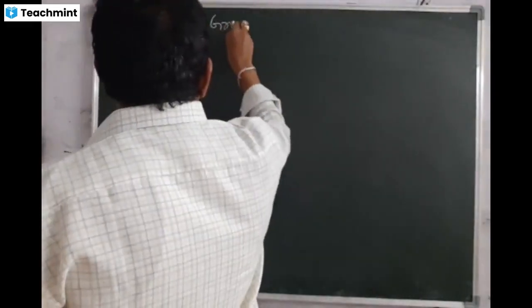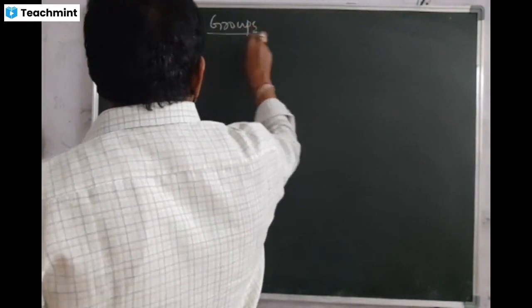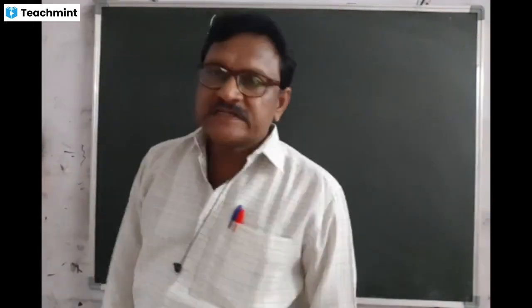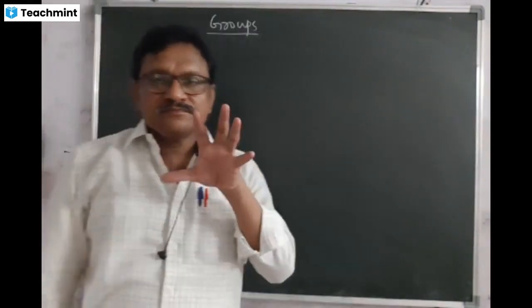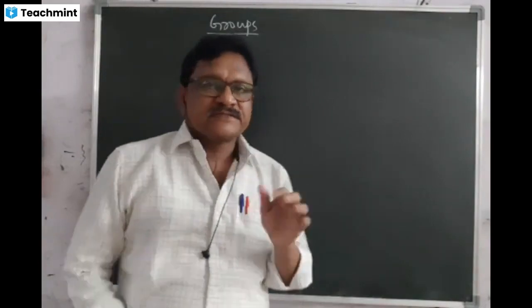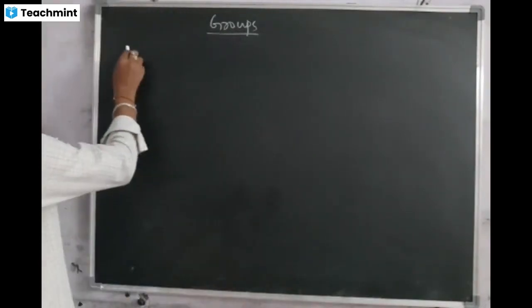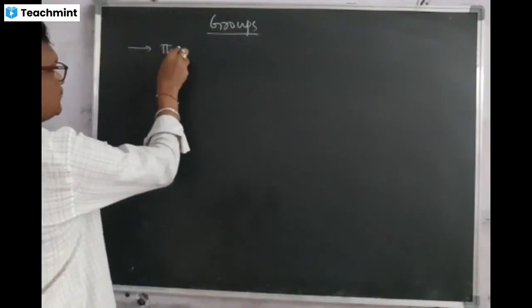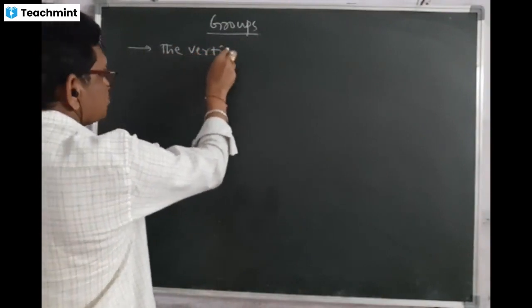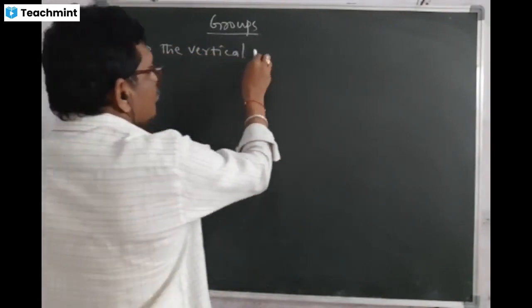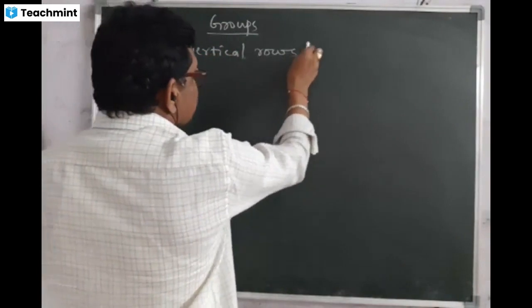Okay, write down the heading: Groups. See, in the periodic table, what are groups? The vertical columns, vertical rows or columns, whatever it may be.